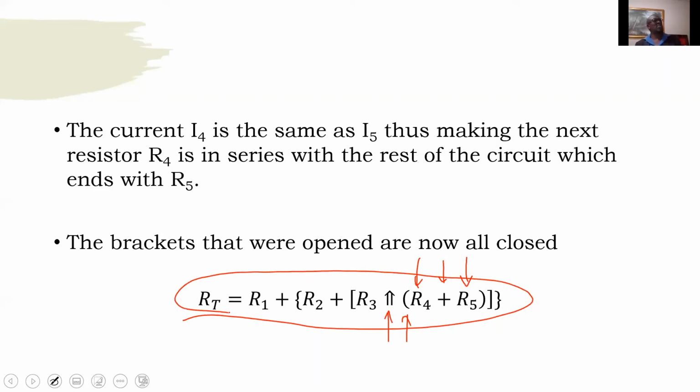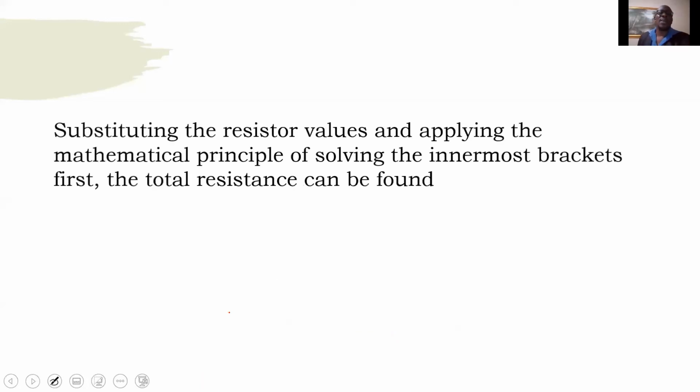Now, does this really help? Let's see. If I substitute the resistor values, and apply the mathematical principle of solving the innermost brackets first, the total resistance can be found. So I'm going to look at the innermost brackets, and put in all the values that we had earlier for our resistances.